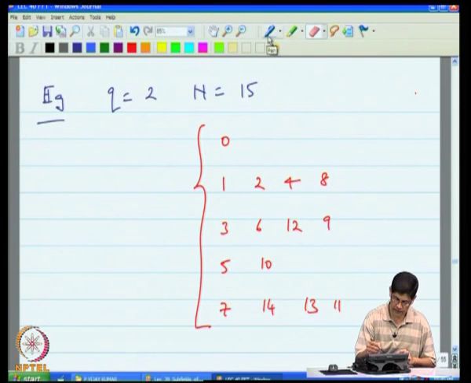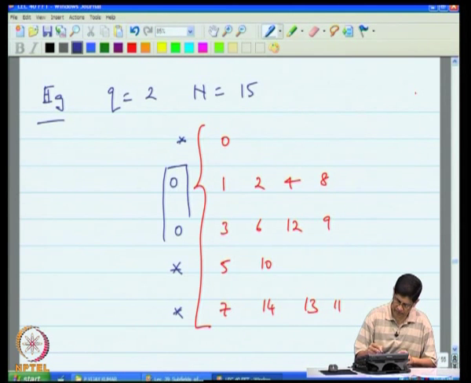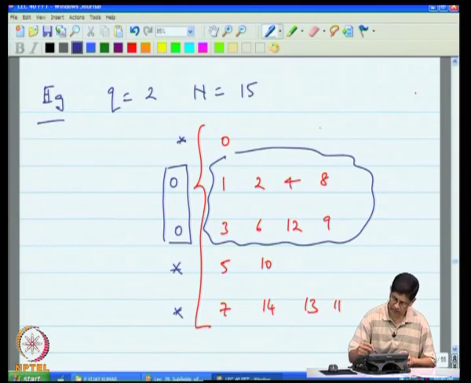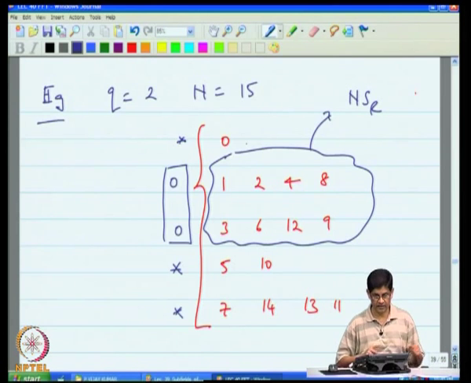For instance, I can design a cyclic code in here by just saying I am going to choose this 0, 0, and then I am going to put stars here, meaning that I am not going to impose the 0 value here. And then the presence of these two zeros implies that this set over here is then the null spectrum of the code. And designing a cyclic code is as easy as that.